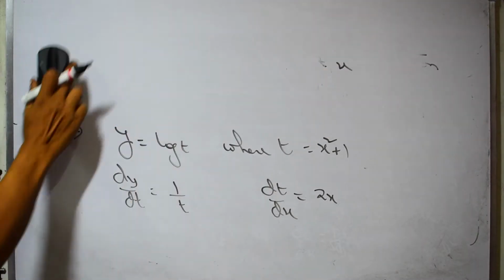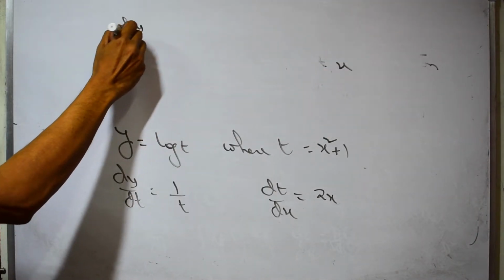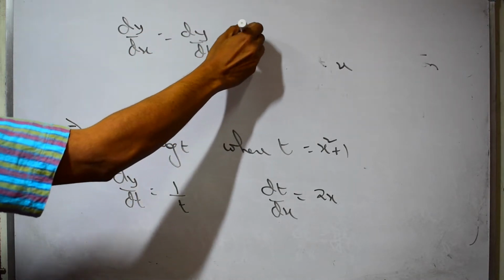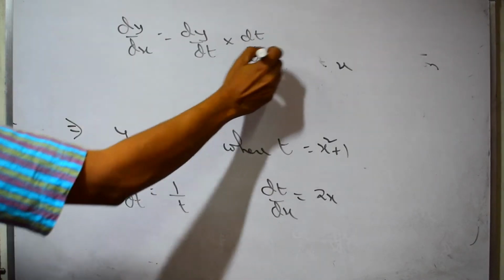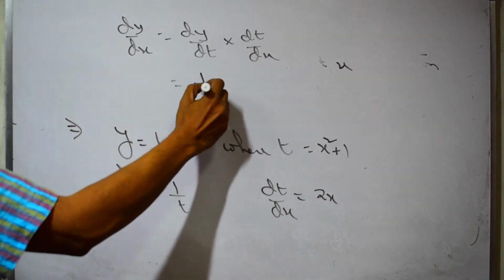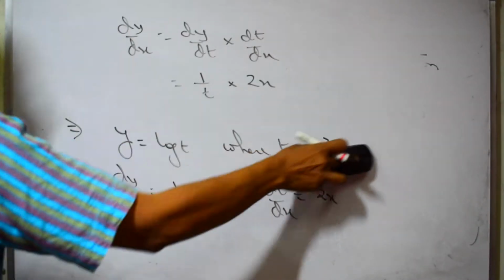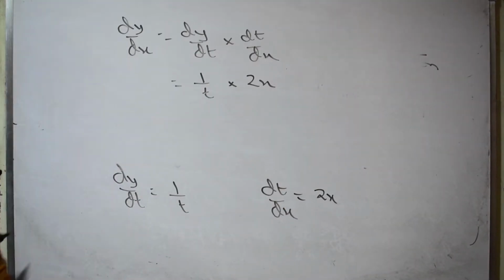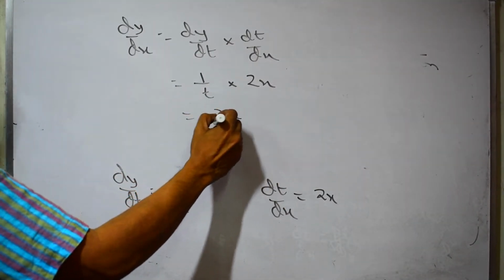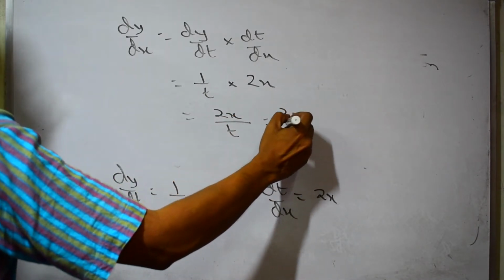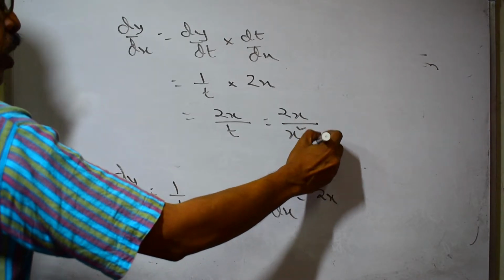So the result dy/dx will be dy/dt into dt/dx, and that means dy/dt is 1 by t, dt/dx is 2x, and the answer we are finding is 2x by t. Now what is t? t we have assumed is x square plus 1, so 2x by x square plus 1 is the answer.